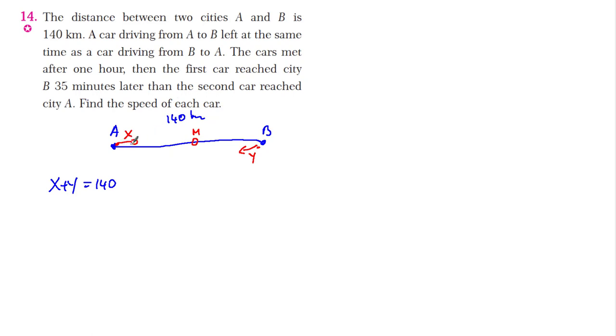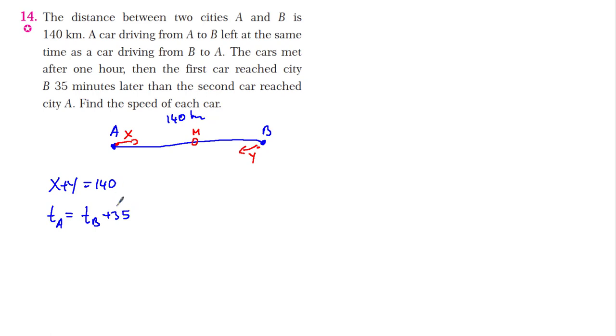So car A, the car with speed x, is a bit slower. That means the time it took the first car A to reach was the same as the time it took the second car B plus 35 minutes, right?